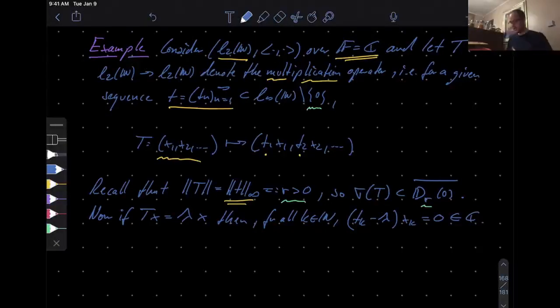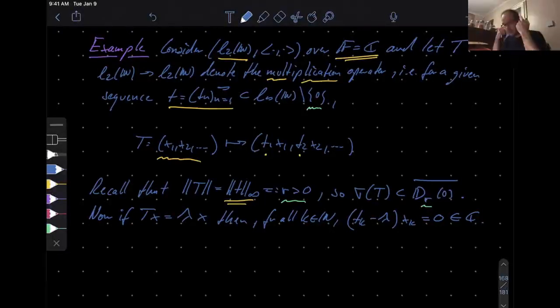This is your eigenvalue equation. You get it immediately from the definition of the action of capital T. Now you have to satisfy this. I already factorized it: the first factor is t_k minus lambda, and the second factor is x_k. And this has to hold for all natural numbers k. The choice that you don't want to make is to set all the x_k equal to 0, because that would land you on the zero sequence, and that's forbidden as an eigenvector.